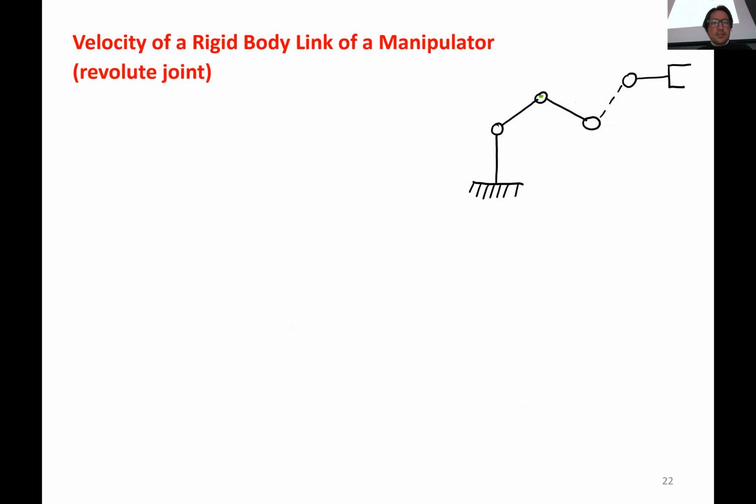Okay, now let's talk about the revolute joint. Now we have this manipulator, which is only made of revolute joints. And then we consider link I plus 1 supported by joint I plus 1, as we did in the previous case.